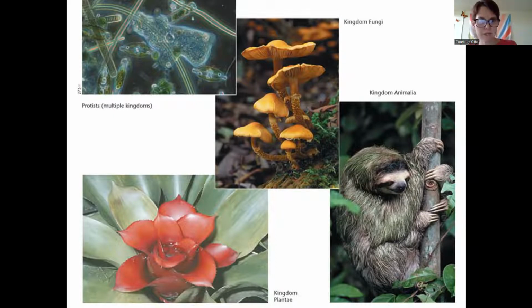I want to shift to this piece of paper. This is where I'm going to start drawing, and you're going to start taking notes in your notebook. So we're starting with a cellular level.